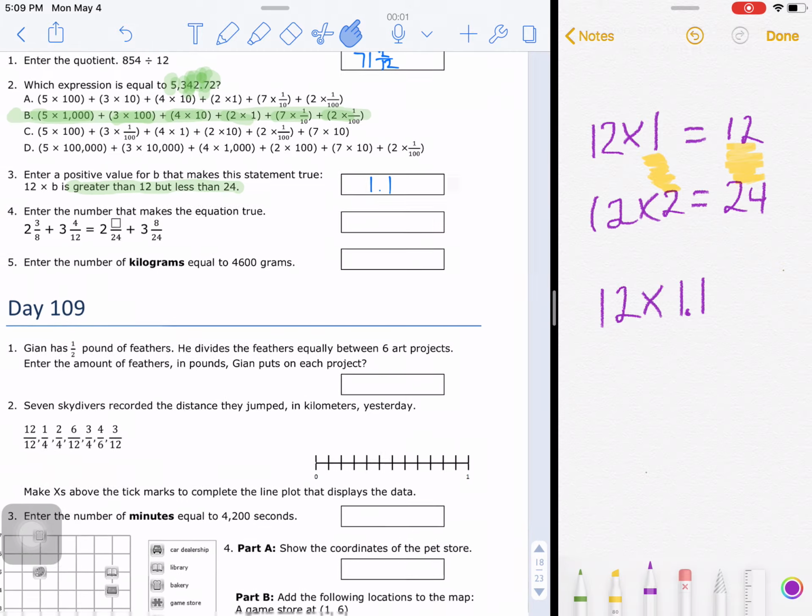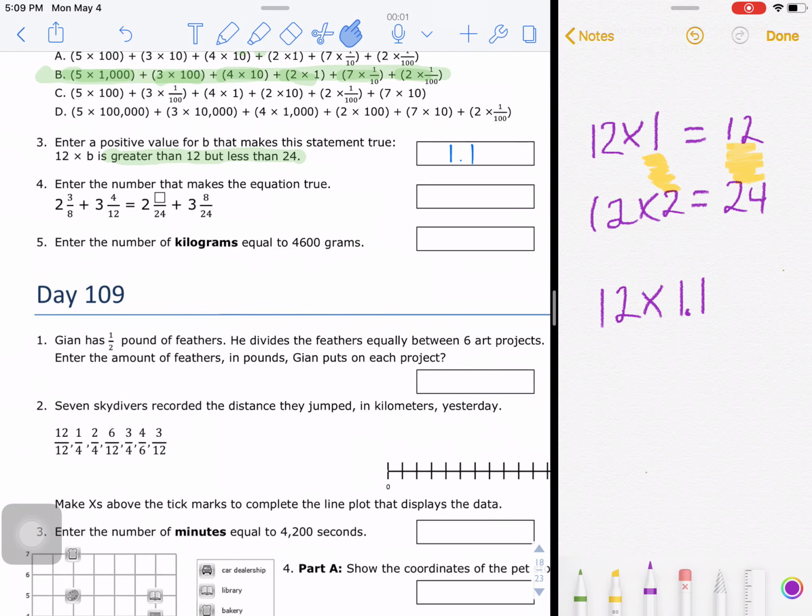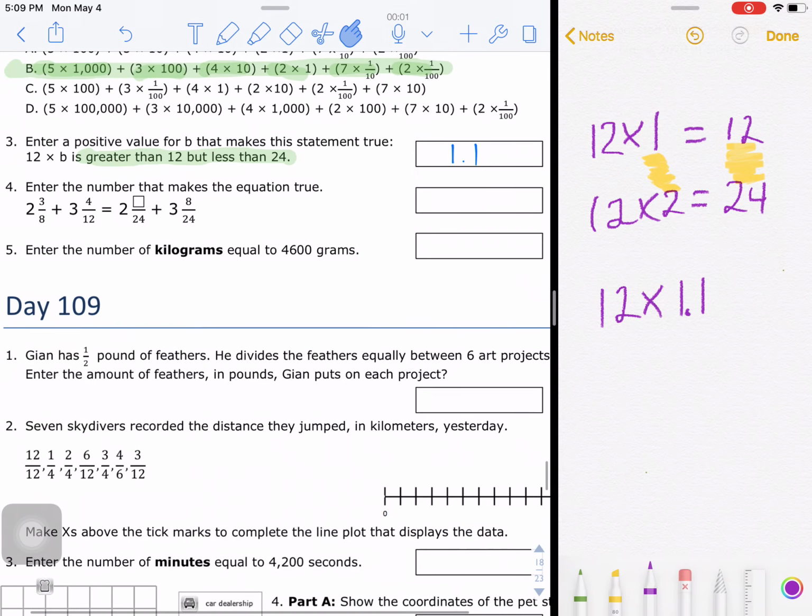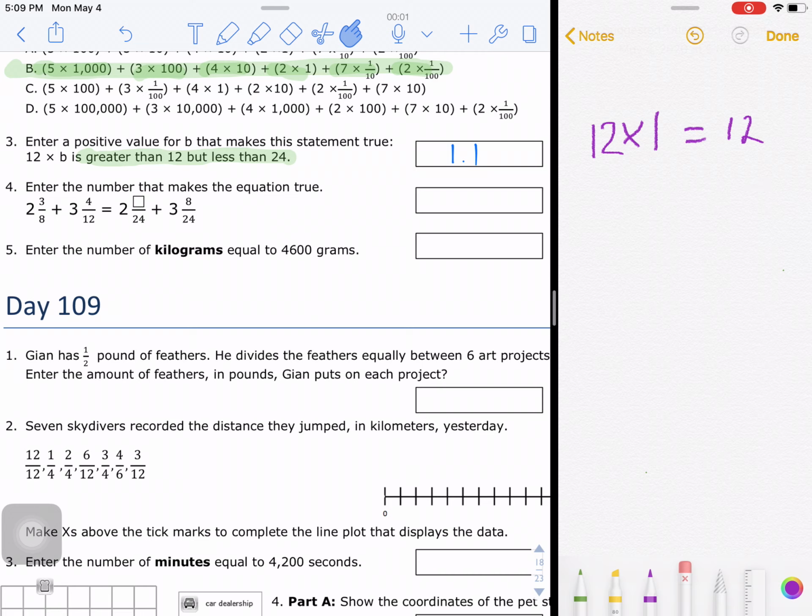Okay. Problem number 4. Enter the number that makes the equation true. Well, as we look at that, we see that we are adding mixed numbers. And we know that when we add mixed numbers, we have to have an equivalent fraction.